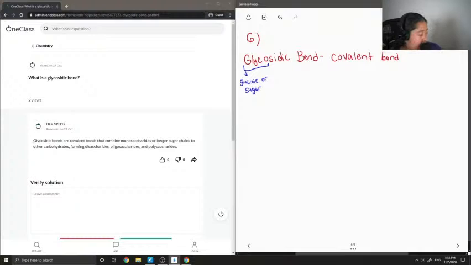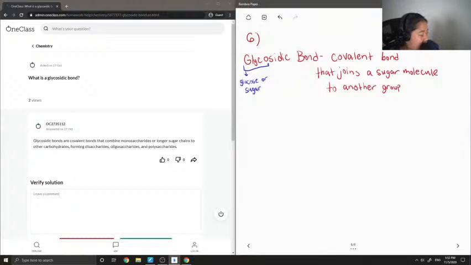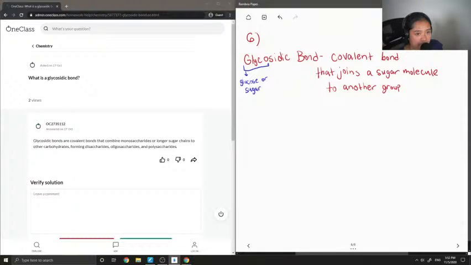It's a covalent bond that joins a sugar molecule to another group. So you're not limited to just sugar molecules binding with another sugar molecule. It can bind to something else as well. So I'm going to show that in an example.